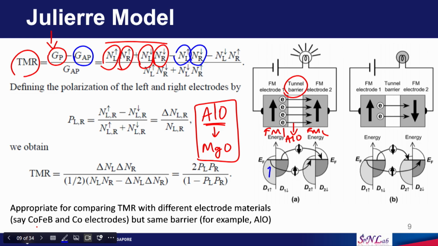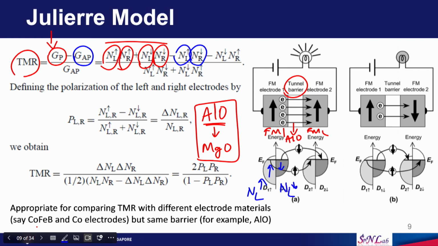So the density of states in the left side and the density of states on the right side. So when we say this, this is N L up, this is N L down.